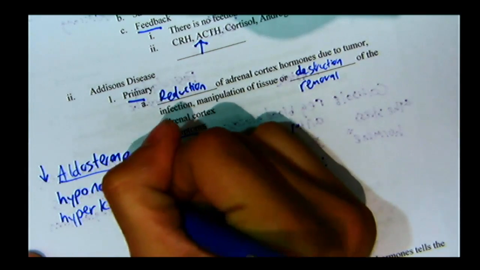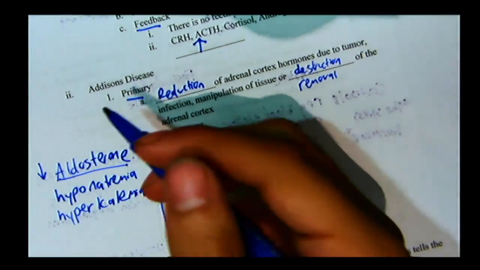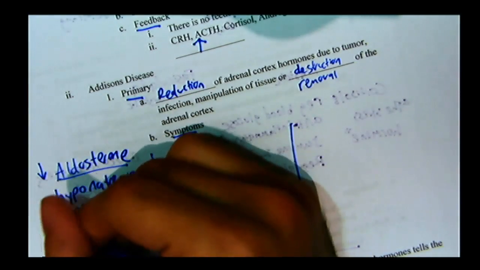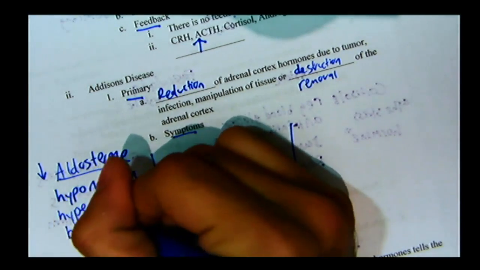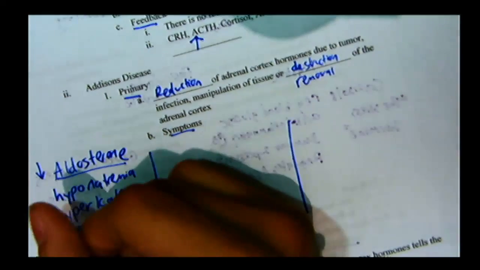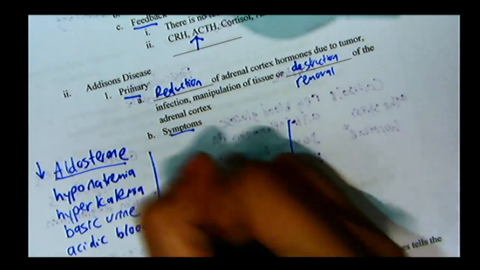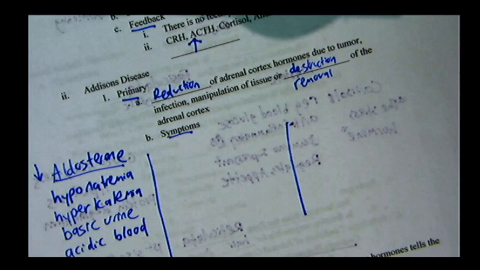Hypotension. So all those symptoms like nosebleed and all of those, probably not going to be present with Addison's. So again, this is when aldosterone is low due to a tumor, removal of the adrenal cortex, manipulation of the tissue, anything that decreases the functioning of the adrenal cortex.